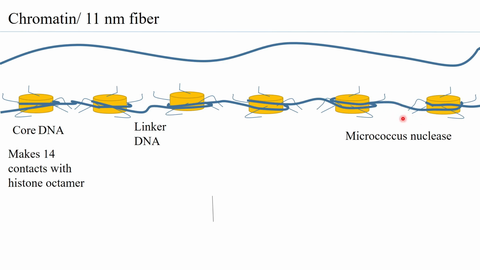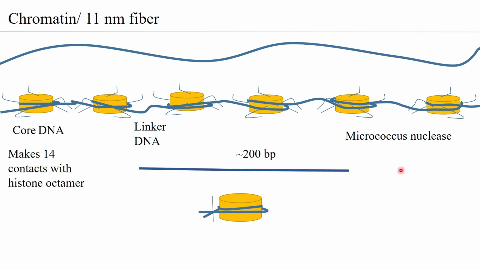The linker DNA, which is not bound to any protein, will be accessible to nuclease, but the DNA wrapped around the nucleosome will not be accessible, so the wound DNA will remain intact while the linker DNA will be cut into individual nucleotides. What was observed is that every nucleosome is associated with approximately 200 base pairs, but when the entire accessible DNA was cut, it was found that about 146 to 147 base pairs of DNA are wrapped around one nucleosome.